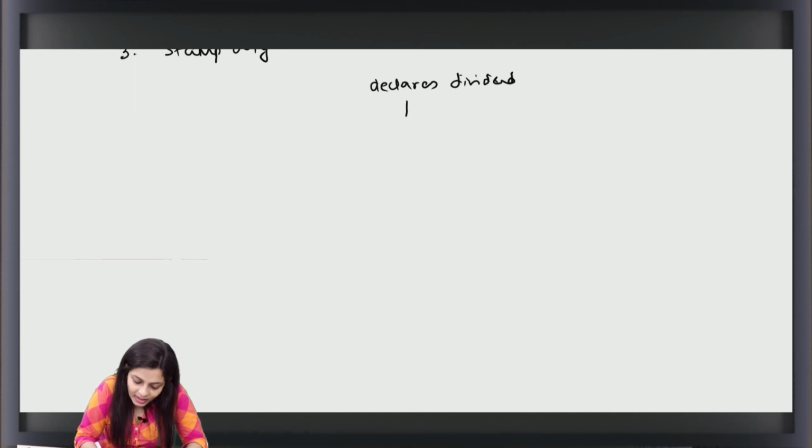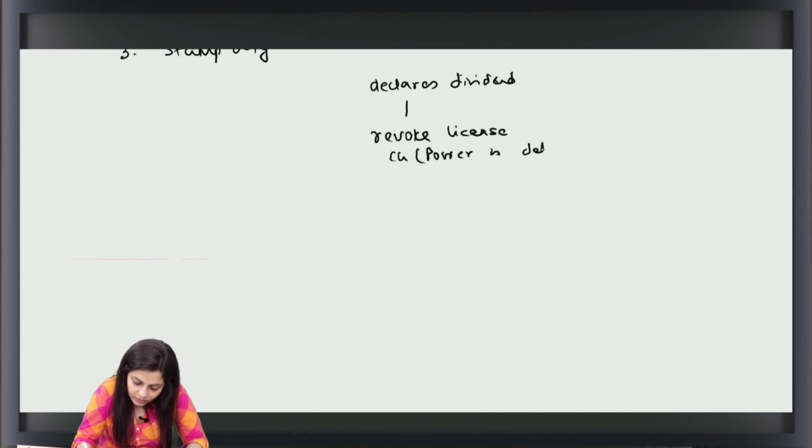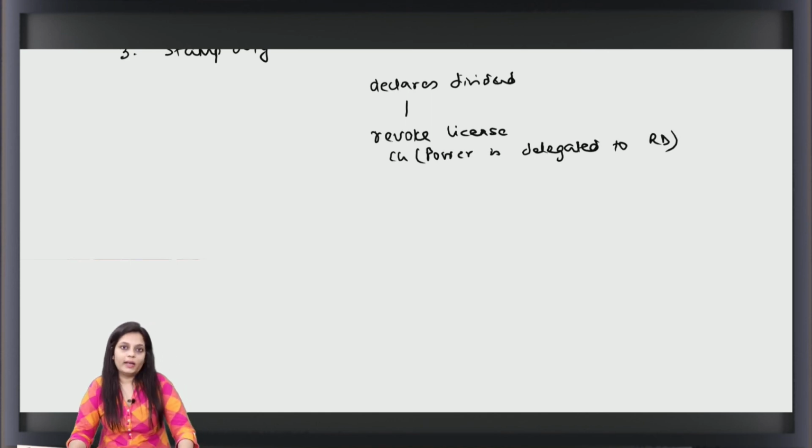In that case, the central government can revoke the license given to it. However, who revokes it? The central government. The power is delegated to the regional director, so the regional director has the power to revoke. I told you, Section 458, sorry.